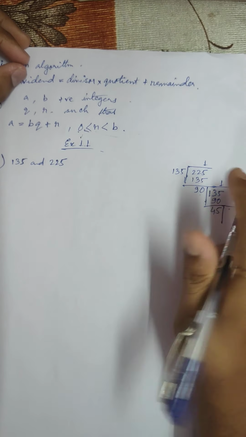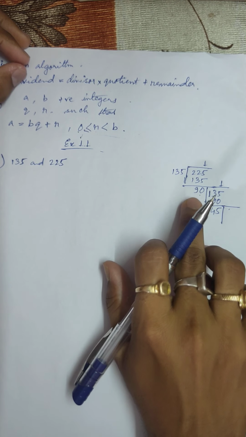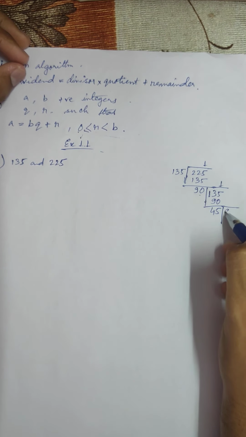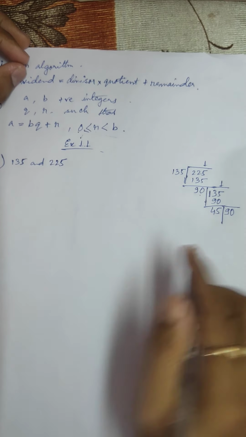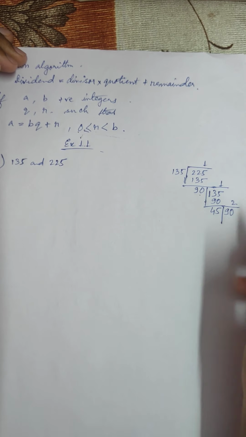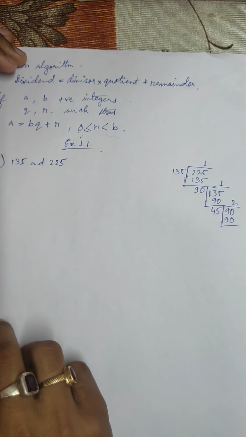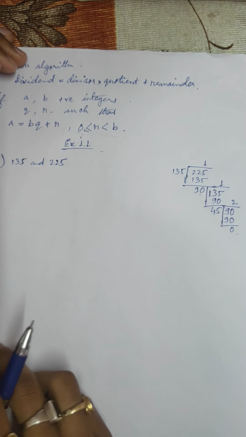Again by this remainder we have to divide the previous divisor. Now it is 2 times.